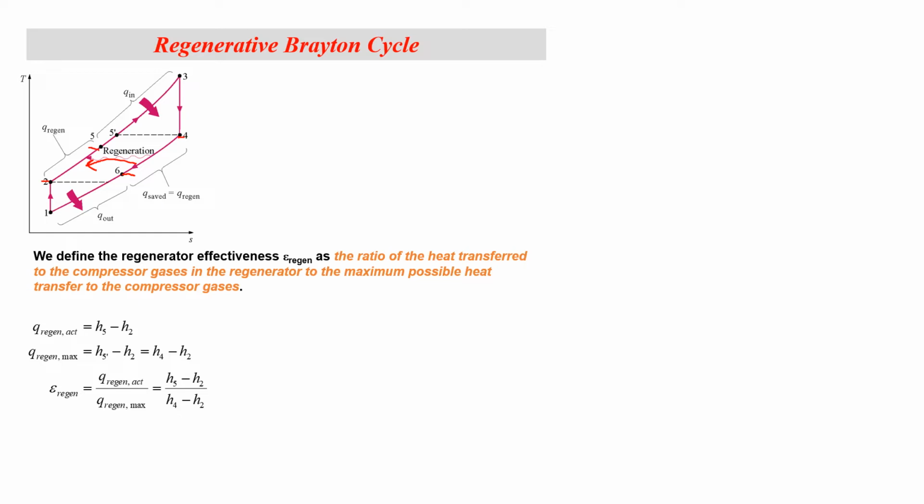But you might have noticed a slight difference between the highest exit temperature of the exhaust, which is point 4, which might be equivalent to 5 dash, and the actual maximum temperature of the incoming air with regeneration, which is the actual point 5. This difference is represented by the regenerator effectiveness, called eta of regen. The maximum possible heat transfer would have been from point 4 to point 2.